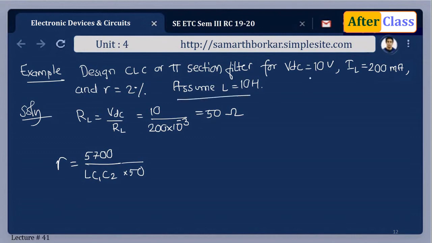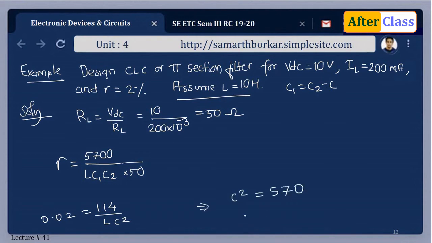And C1 equals C2 equals C. So this reduces to 0.02 equals 114 divided by L C square, or this implies C square equals 570, C equals 24 microfarad. So this completes our design.